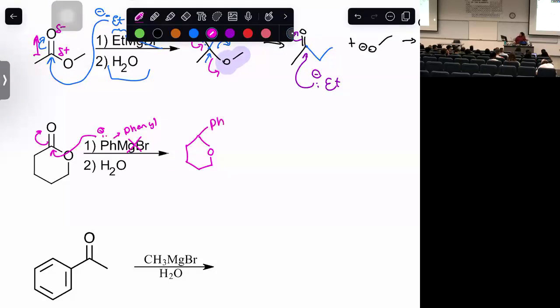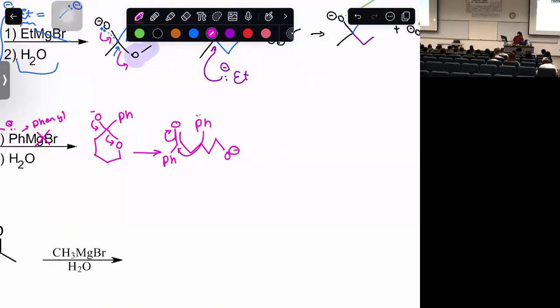Okay, this time we have a phenyl group. We do the nucleophilic attack, it gets connected there, beautiful. Then you have to reform your double bond and kick out your leaving group. So now we don't have anything that's cyclic at this point. We have a ketone, beautiful, and then we don't like that, so the nucleophile goes back again and kicks out the electrons.